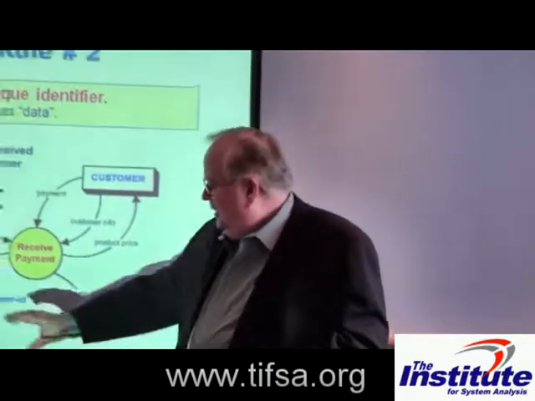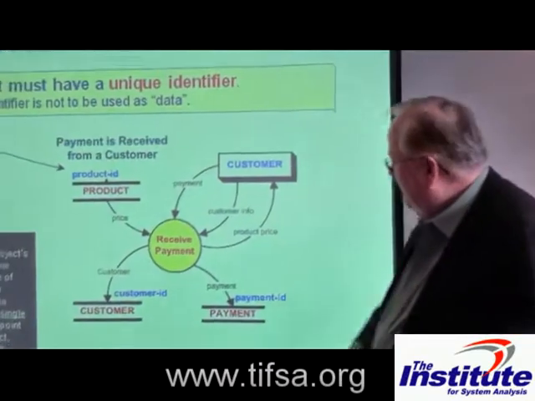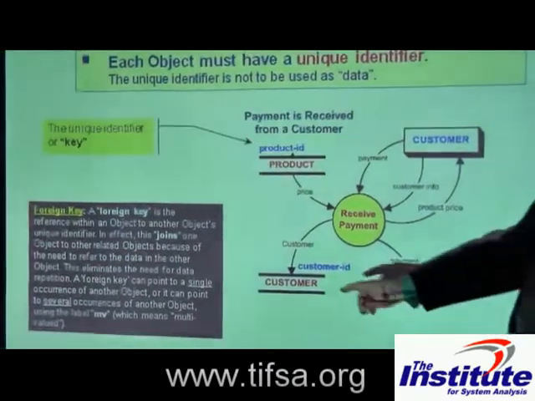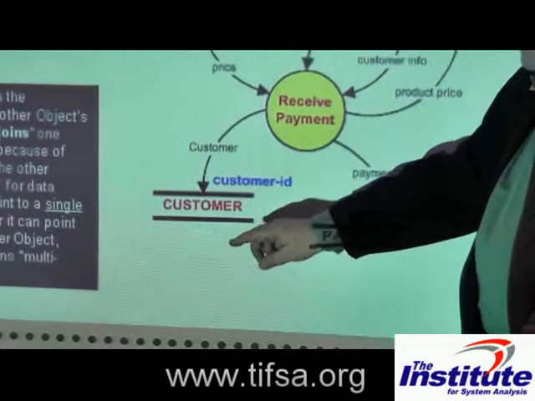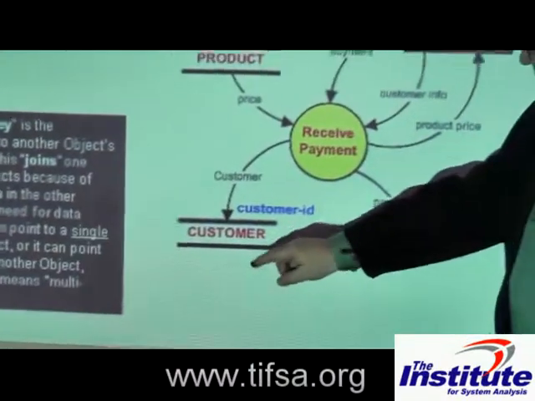For example, if I know who the customer is, and I want to find the products that that customer has bought, I need to be able to have what we call a foreign key, which is a reference to the unique identifier of another object inside customer.